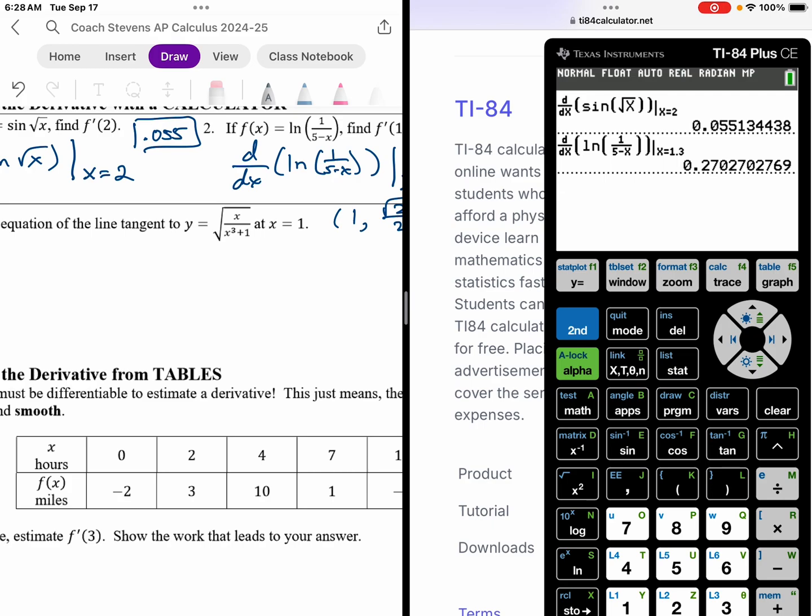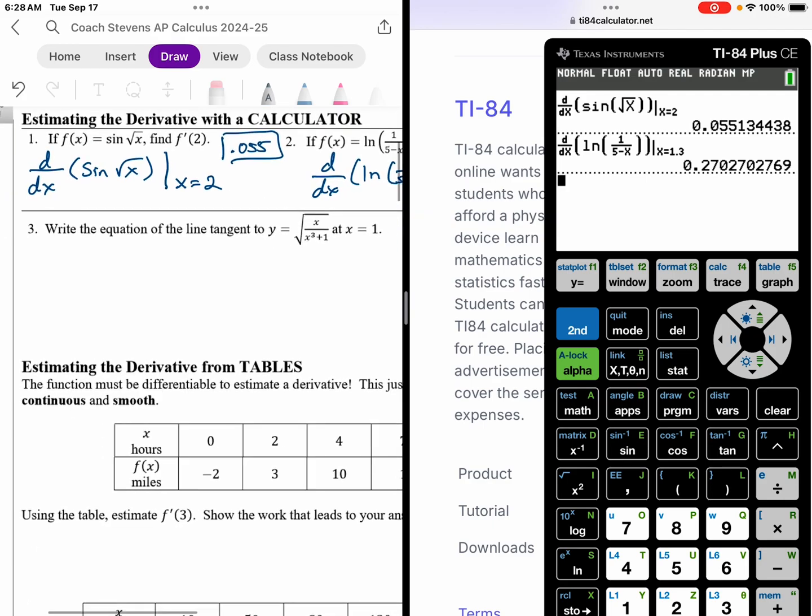So now let's get into our function where we need to figure out what the slope is. Again, our slope is going to be equal to our derivative evaluated at 1. As we use the option here, d dx of the function square root of x over x cubed plus 1, and then we're going to evaluate it for x equal to 1. So let's type that code in. Math option 8, and we get an x, and then we do a big square root, and then we put a fraction in there.